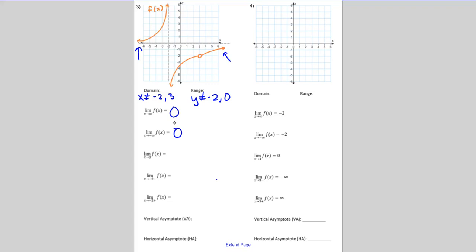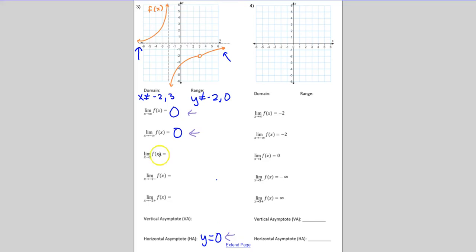What's the horizontal asymptote? What line is that dotted line I've drawn in? That's the line y equals 0. And notice that as x approaches infinity, we get a 0. As x approaches -infinity, we get a 0. And the horizontal asymptote is y equals 0. Those are all the same. Those all go together conceptually.